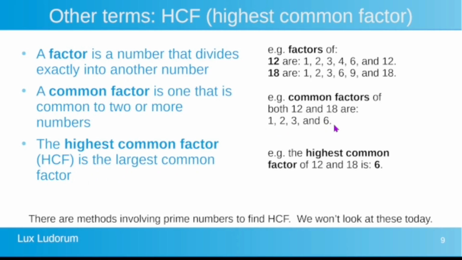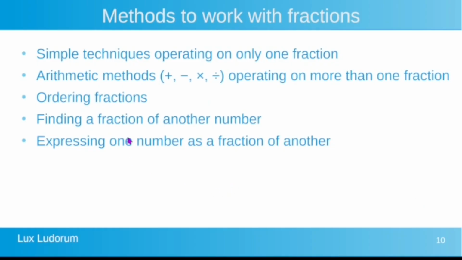These are the common factors, and the largest one is 6. The highest common factor of 12 and 18 is 6. There are methods involving prime numbers to find highest common factors. We're not going to look at these today. We're doing fractions, looking at methods to work with fractions.